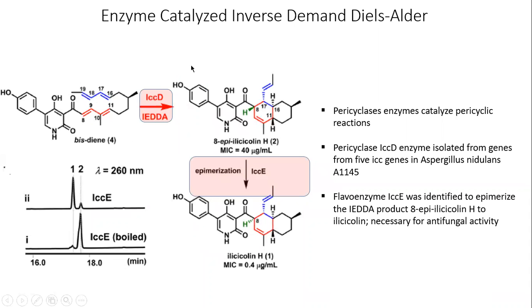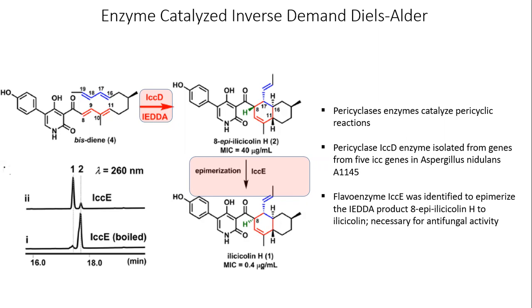All right, so this is the enzyme, the ICCD. What they found out was that this enzyme belongs to a class of enzymes called pericyclases, which catalyze pericyclic reactions like cycloaddition, like 3,3 sigmatropic rearrangements, things like that.